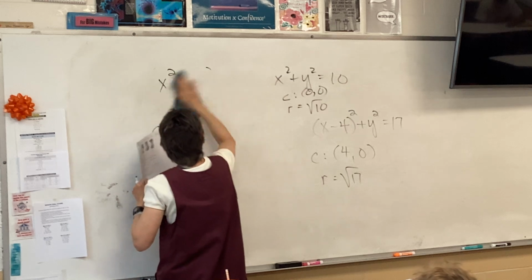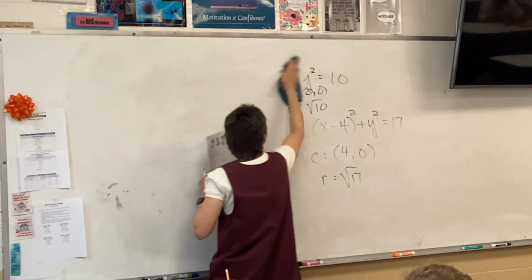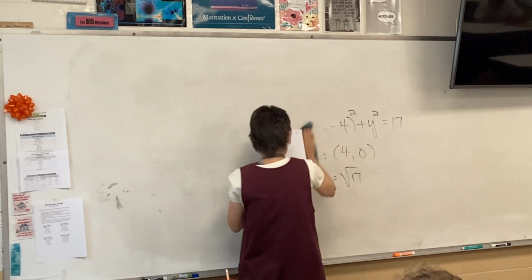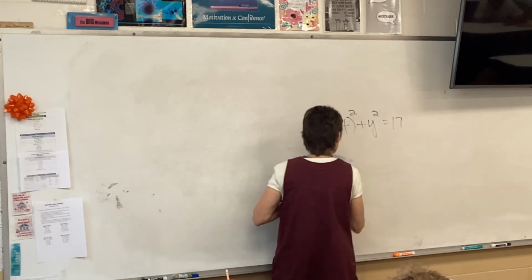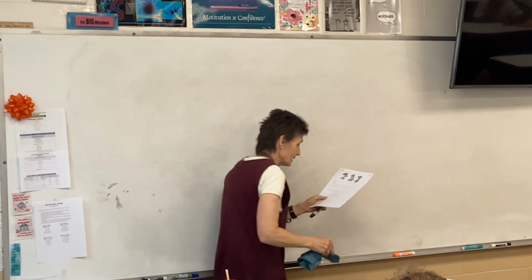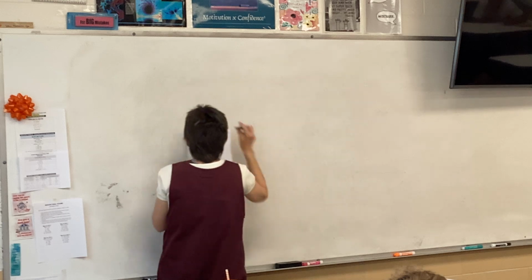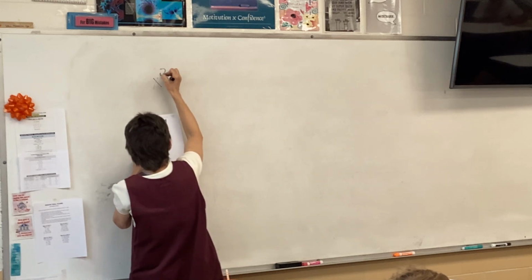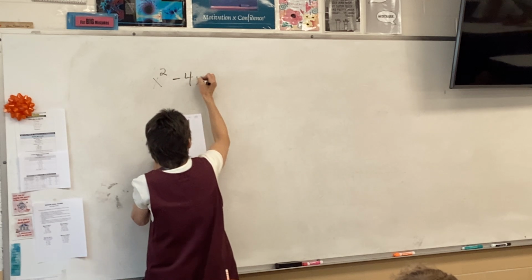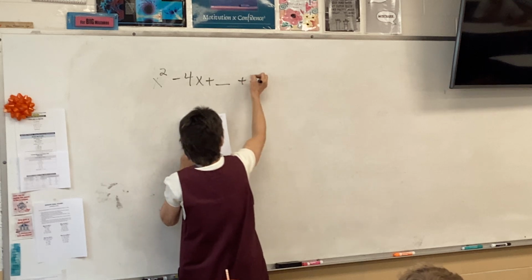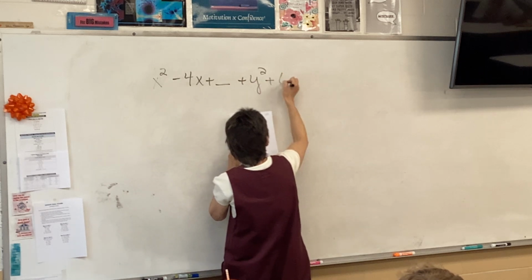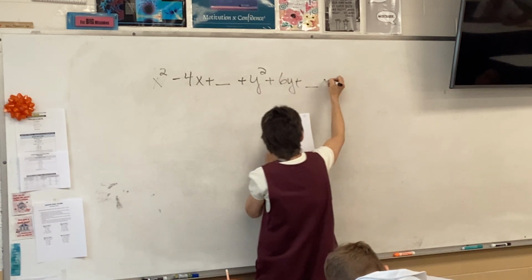So, what you are going to do is rework equation E so that it looks like equation C. So here is how you get started. And you might remember this because we did this earlier in the year.